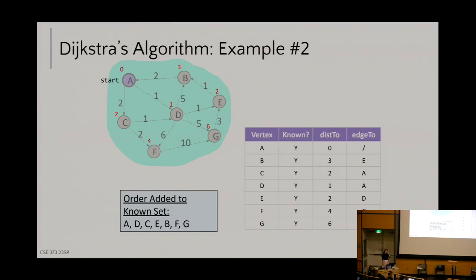And so now, at this moment in time, if I asked you what is the shortest path from A to F, I would look at my little table here and I would call into the hash map. I'd be like, hey, what's the distance of F? And it would spit back out that 4. And I'd be like, oh, great, good to know. How do I actually travel to accomplish that?